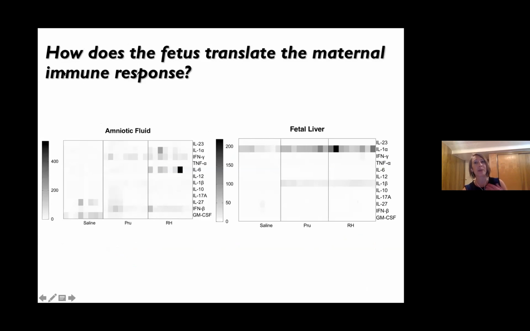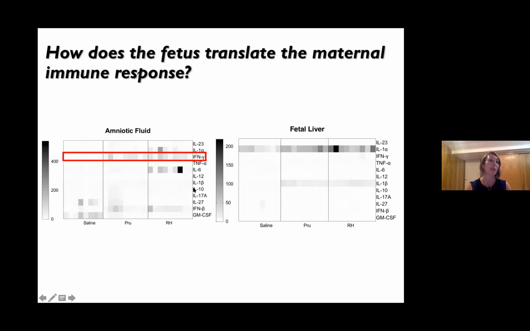So as I mentioned, we're really interested in how the fetus translates the immune response. One of the first things we did was a multiplex assay looking at various cytokines in both the amniotic fluid and the fetal liver. In the amniotic fluid, we can see a very clear upregulation of interferon gamma.